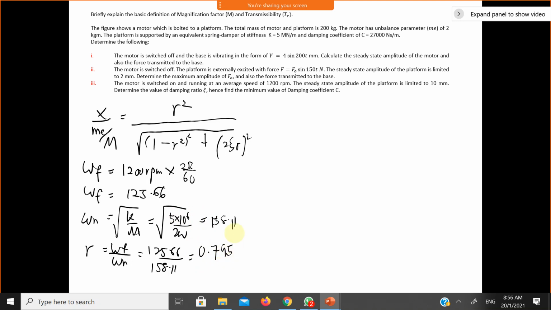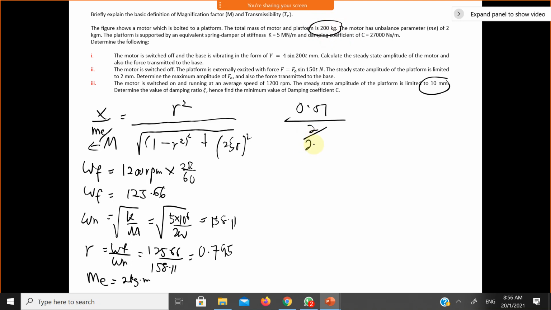Okay, ME is given as 2 kilogram meter. From here, as steady state they gave 10 mm, so we use the formula directly. So 0.01 over 2 over M. M here is M total, and they told us M total is 200.